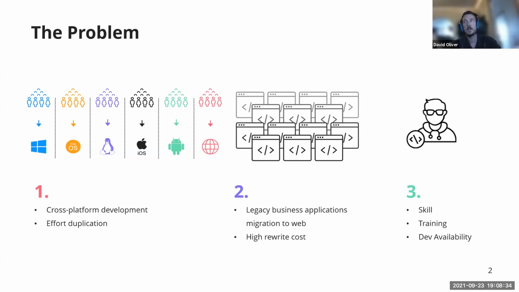So for desktop, you've got Windows, Mac, Linux, and mobile, you've got iOS and Android. And then, of course, you've got the web, which straddles all of those, but is very much a target platform in its own right. So each of those platforms has its own native UI framework.